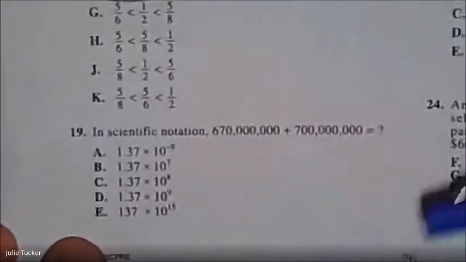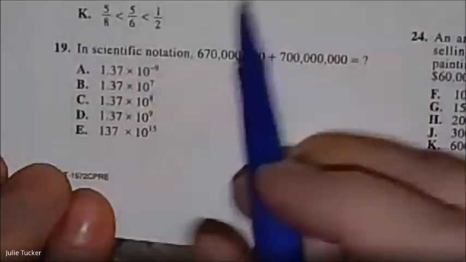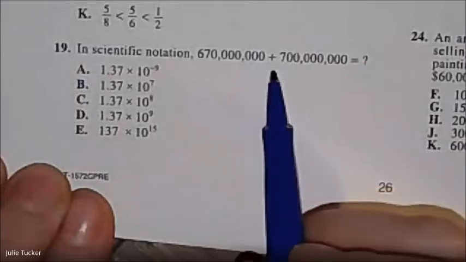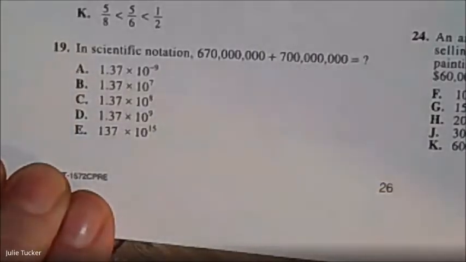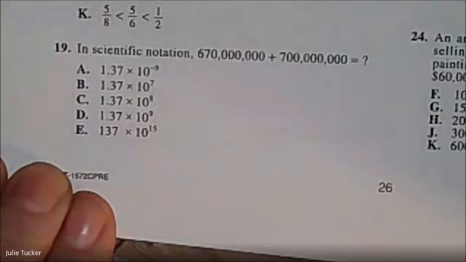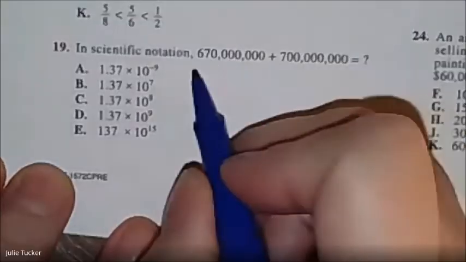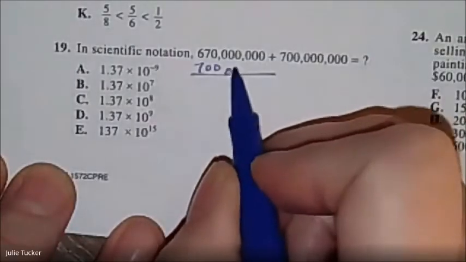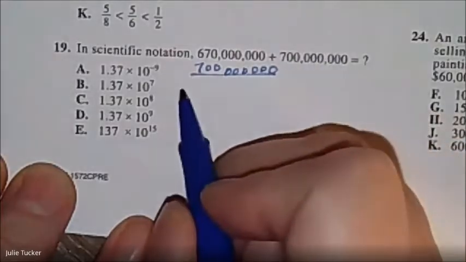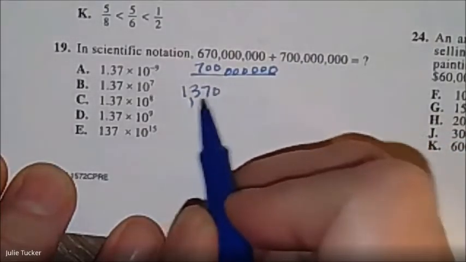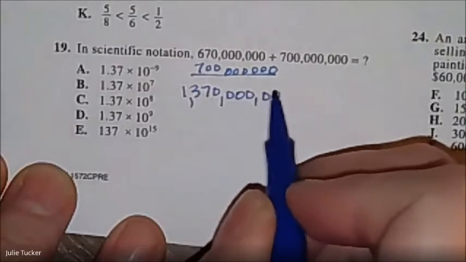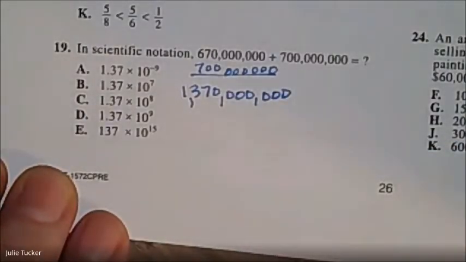All right, number 19. In scientific notation, 670 million plus 700 million equals what? So they want us to add those, right? Okay, if I add them, I get 1.37 billion.